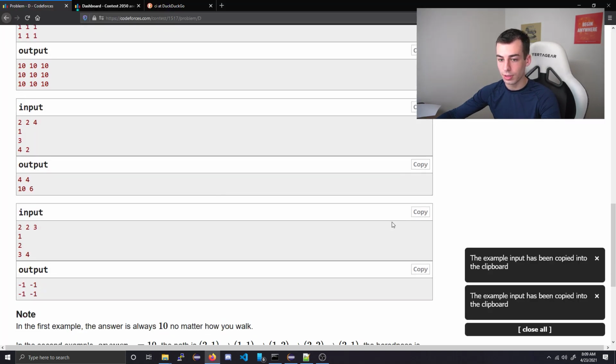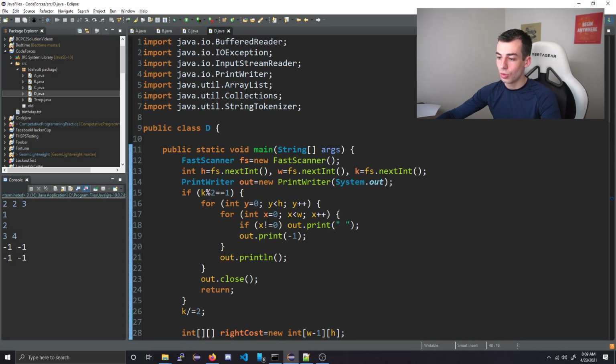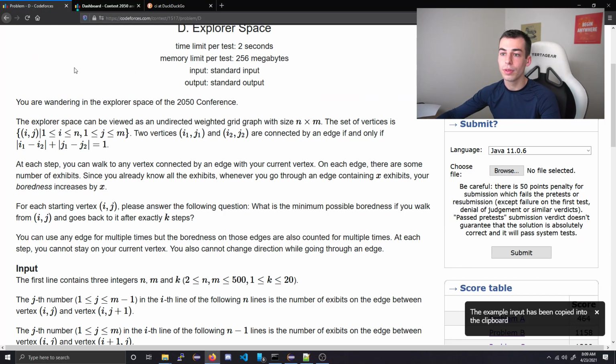4, 4, 10, 6, okay. All minus 1s. We're doing this in the right order. Height, then width, yeah, I think so.